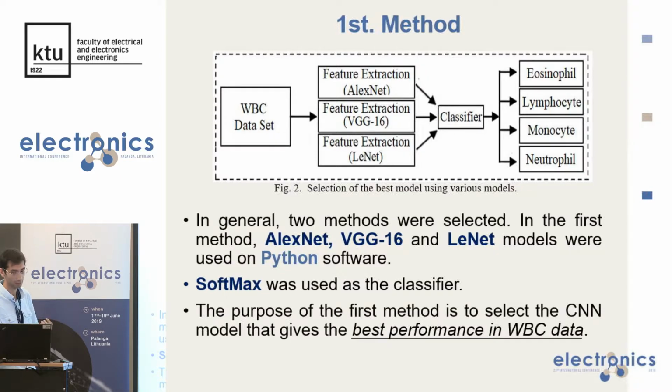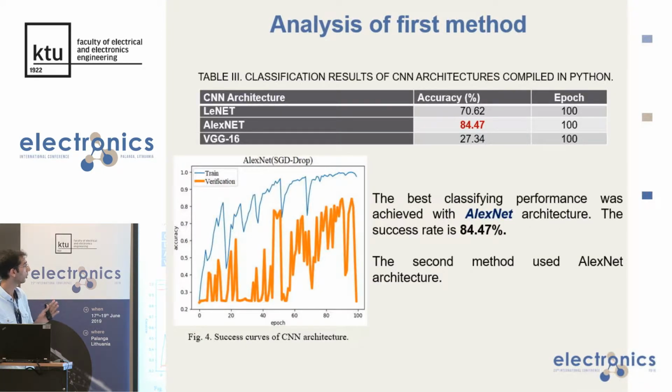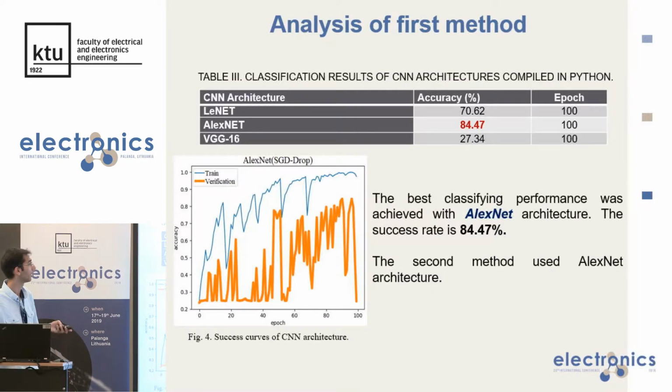The first method classification result is AlexNet accuracy 84.47. The AlexNet-based accuracy, success rate graphics, and epoch, training, and validation results are shown.